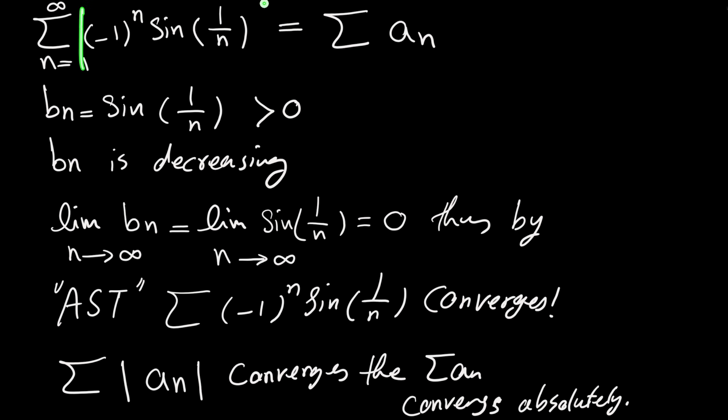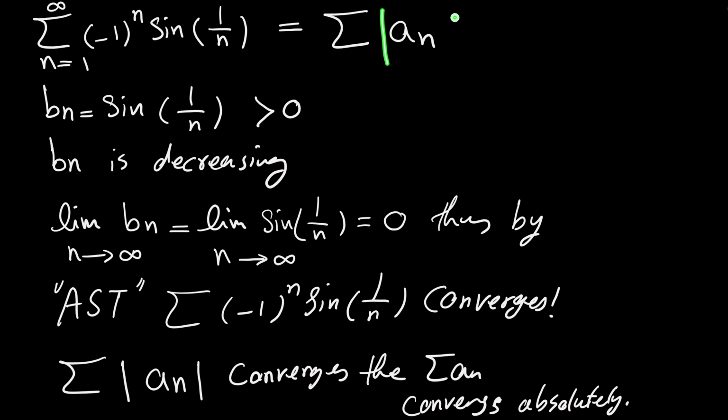What is the absolute value of negative 1 to the power n sine of 1 over n? It's the absolute value of negative 1 to the power n times the absolute value of sine. The absolute value of negative 1 to the power n is positive 1, and positive 1 times the absolute value of sine is the absolute value of sine, but sine, as I mentioned, for n from 1 to positive infinity is always positive, so you don't need the absolute value anymore.